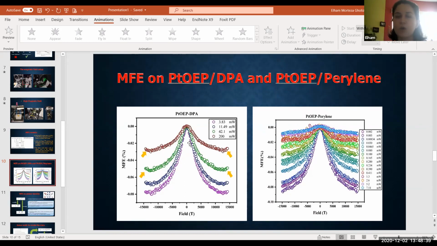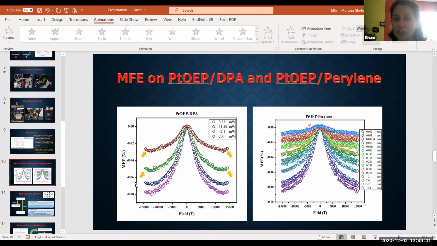So we expect to have less TTA when we apply a magnetic field on our TTA system, and so less intense PL. By increasing the magnetic field, we expect that the PL intensity should decrease. That's what we see here.